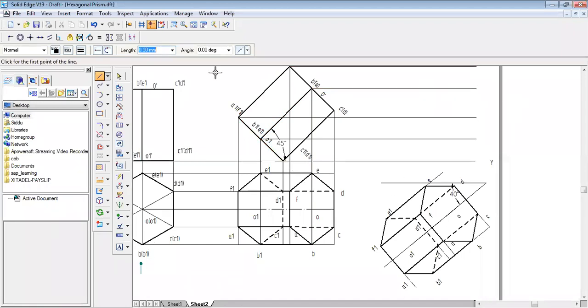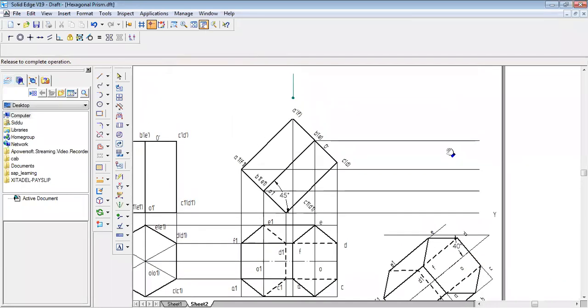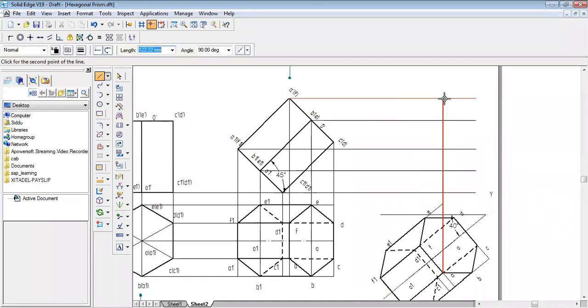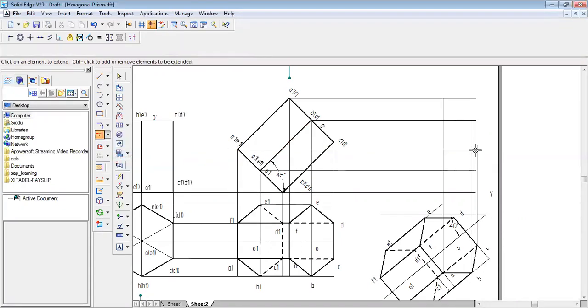So now you start locating the points, starting from A, B, C, D, all that. So starting from A, this is my A dash. Oh, sorry. This is your A dash. Similarly, B dash is going to be this one. C dash is going to be this. Extend to next.